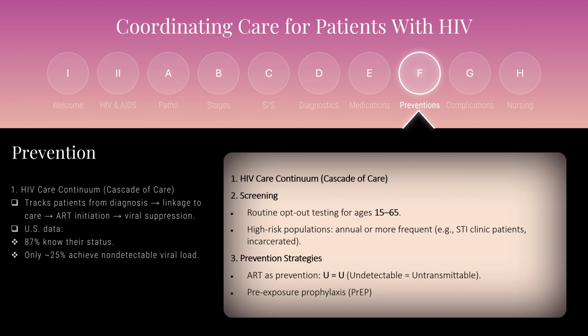HIV care continuum, the cascade of care, tracks patients from diagnosis to linkage to care, ART initiation, viral suppression. US data: about 87% know their status, only 25% achieve a non-detectable viral load.